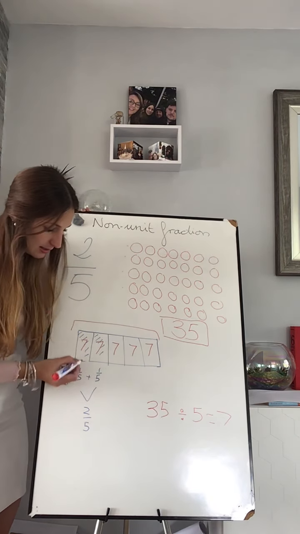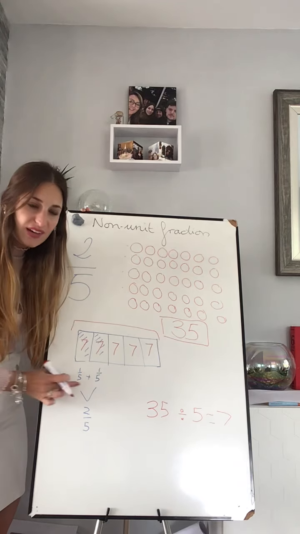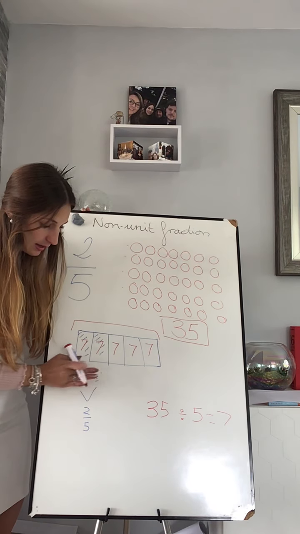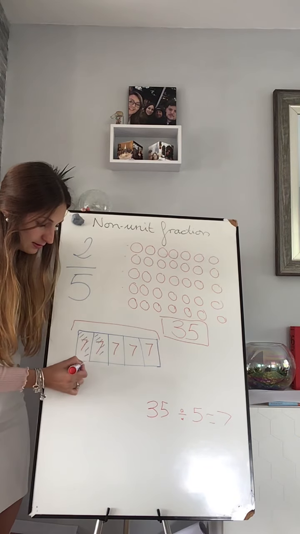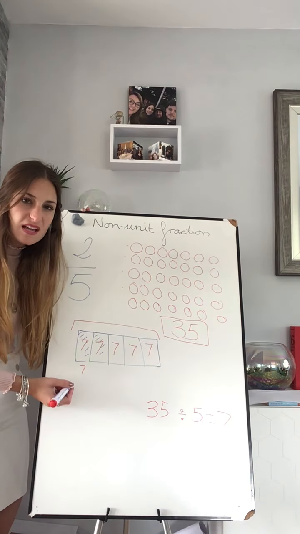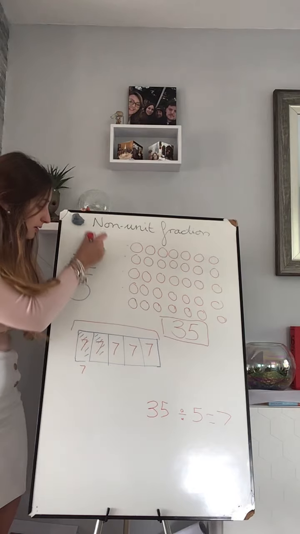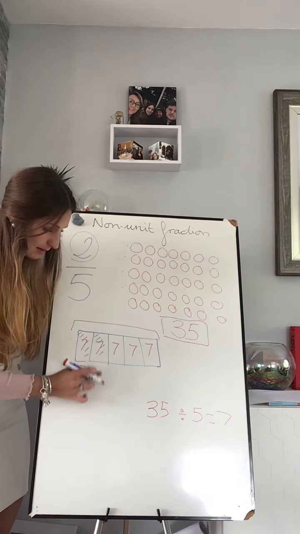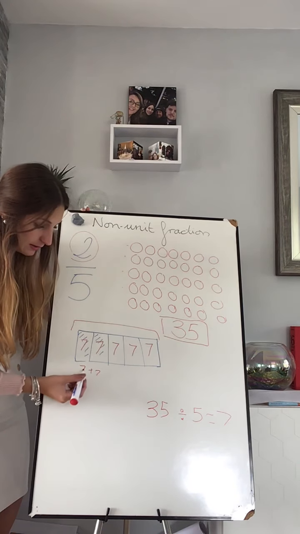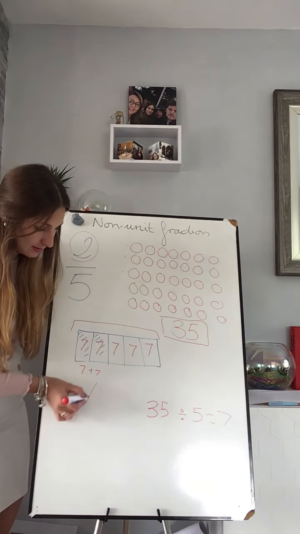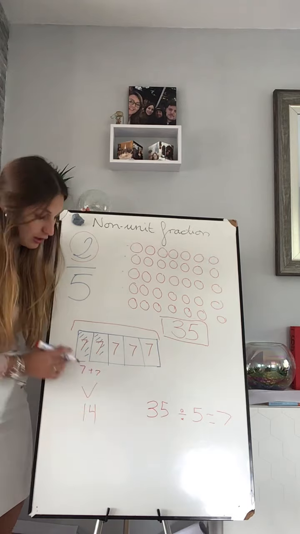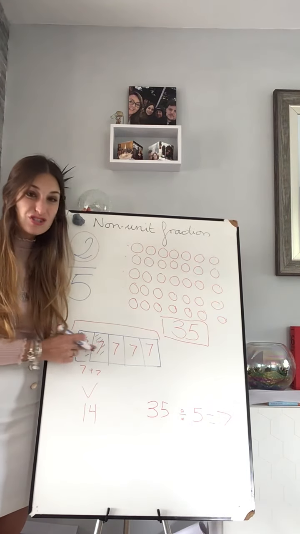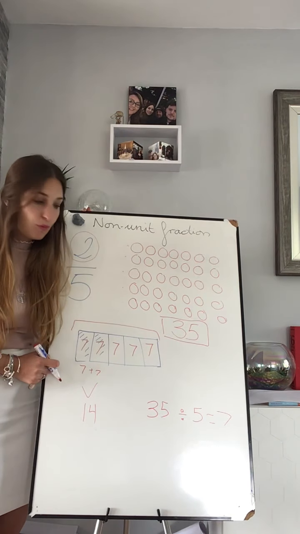So this is 1 group of 7, but if I get 2 groups of 7, how many times am I getting the 7? 2. Which is the same as 7 times 2 is 14. 1 group of 7 is 7, then I know that 2 groups of 7 is 14.